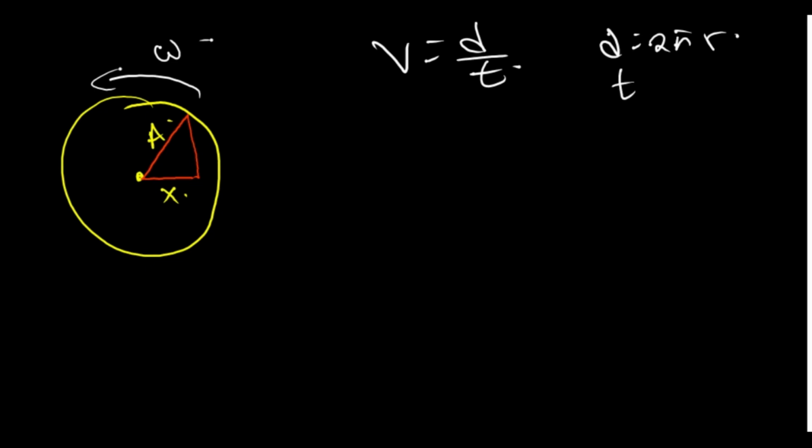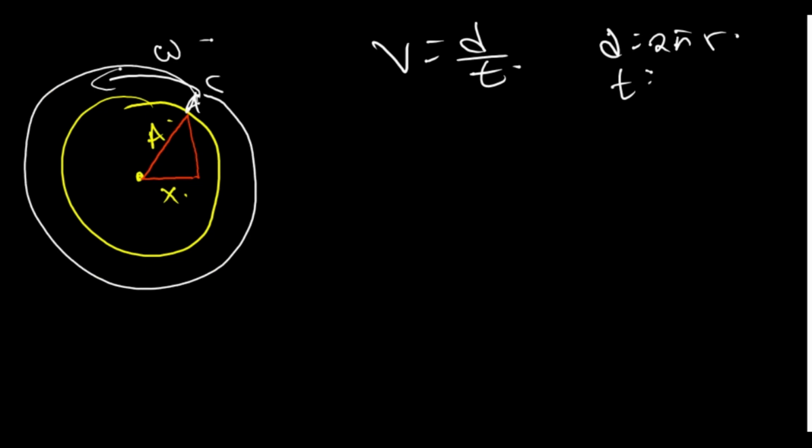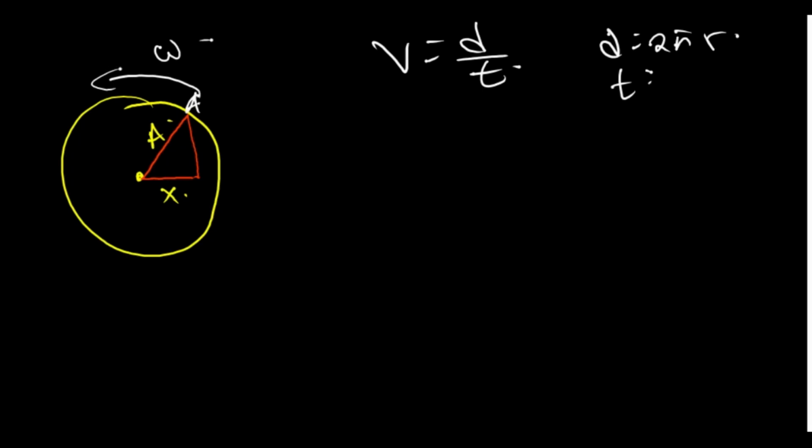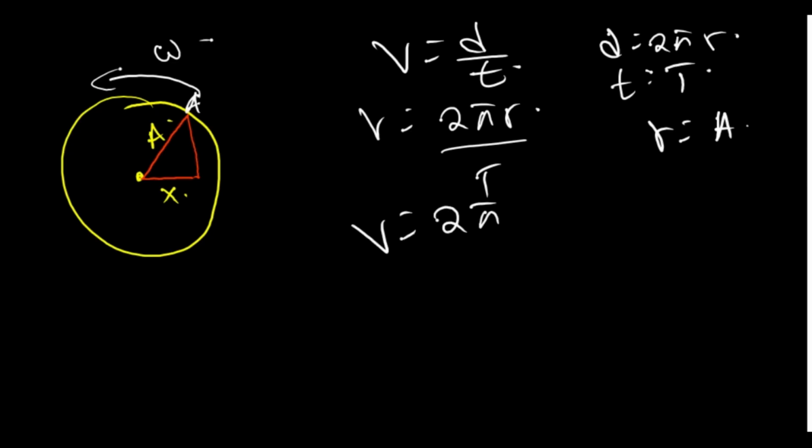The time it takes to move from this point all the way around is the period. So v is equal to 2 pi r divided by the period. But under simple harmonic motion, r is the amplitude, so v is equal to 2 pi amplitude divided by T.